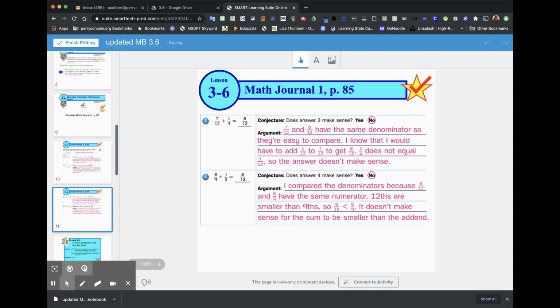And finally, number 4, nope, that conjecture doesn't make sense either. You compare the denominators because 8/12 and 8/9 have the same numerator. 12ths are smaller than 9ths, so 8/12 is actually less than 8/9. It doesn't make sense for the sum to be smaller than the addend, okay, because this was an addition problem.